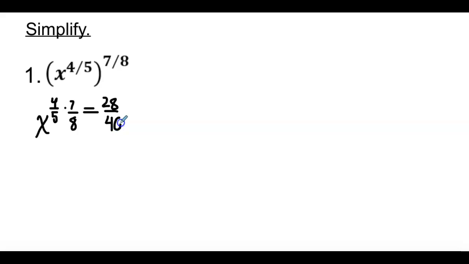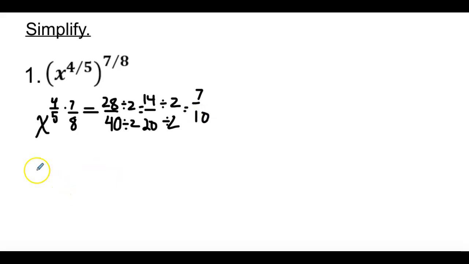Well, both of those are divisible by 2, obviously, so if we divided each of them by 2, we would at least have one more step to see if we could reduce this at all, and I would get 14 over 20. Well, again, these are also divisible by 2, so I can just keep going here. So I would get 7 over 10.